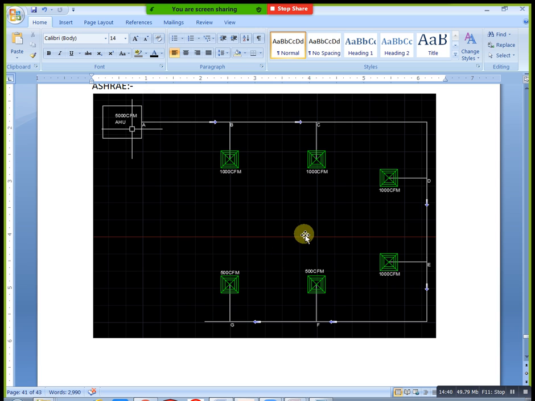Here 4,000. First of all, you can find out 4,000 per. I will send the sheets to you. Tomorrow you will find out this value, this value, this value, this value, and this value. Here we have some complication. I will set that one also.